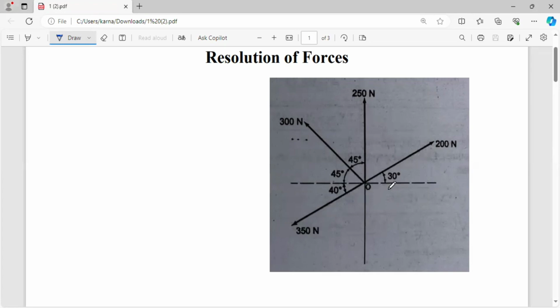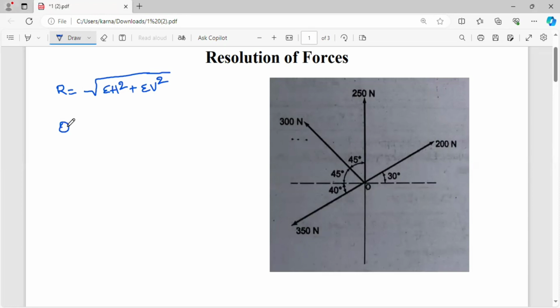So here this diagram shows the problem. We have to calculate the magnitude of the resultant, that is R equal to. We know the basic relation R equal to square root of sigma H square plus sigma V square. It is the basic fundamental equation.